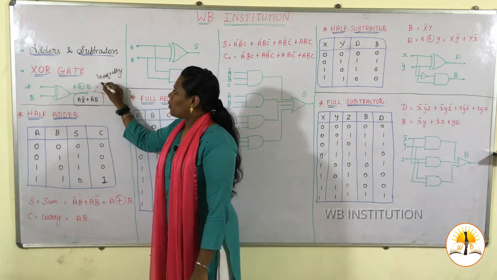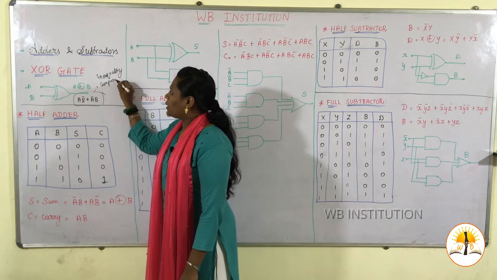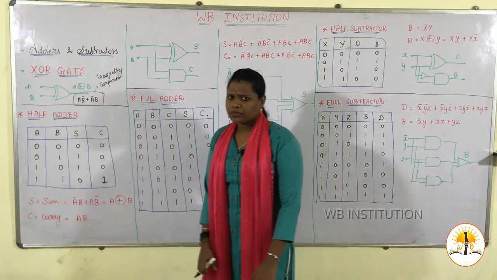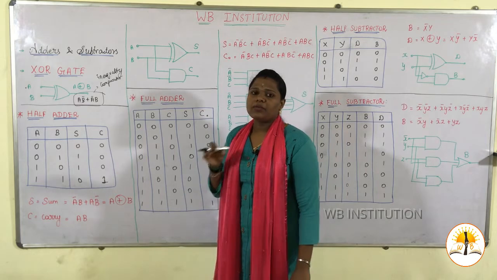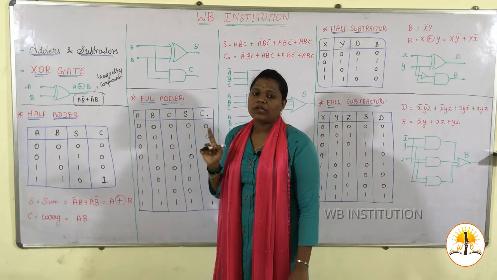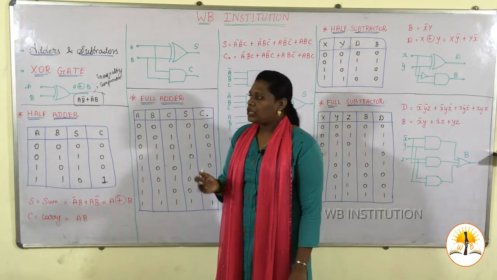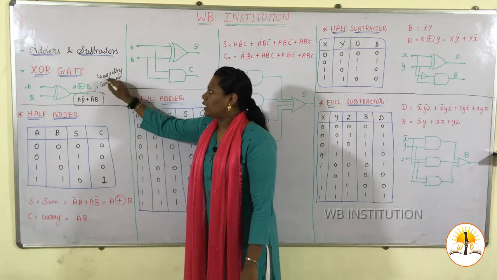XOR gate is often called an inequality comparator. Why? Because we know that the XOR operation will provide you the value of 1 when A and B are not equal. So why do we call the XOR gate an inequality comparator?